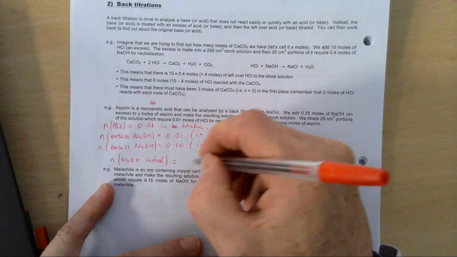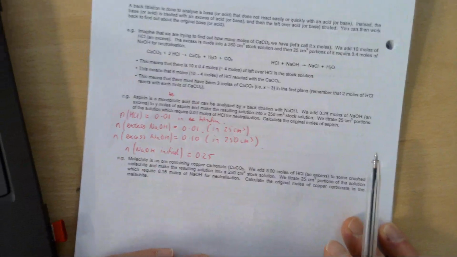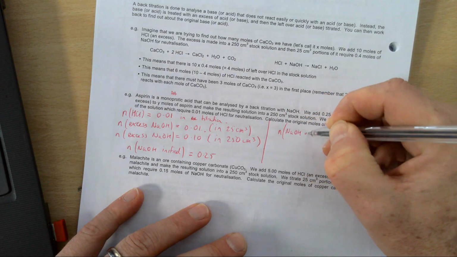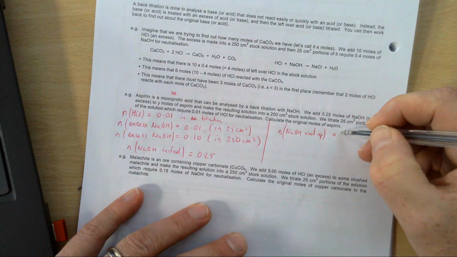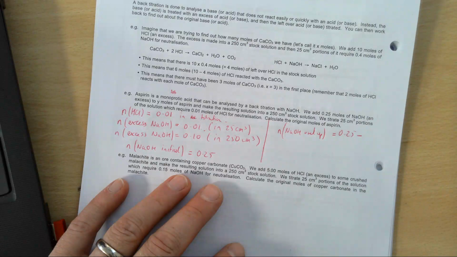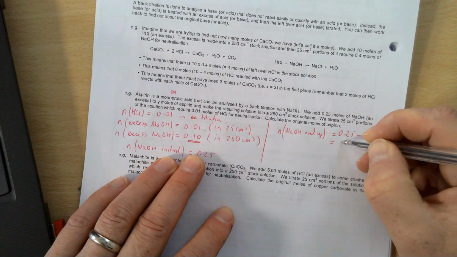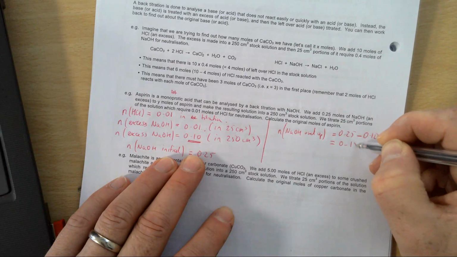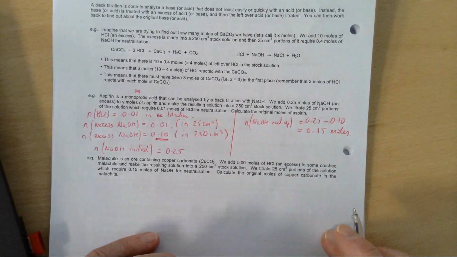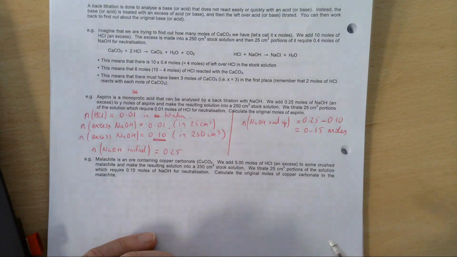We started with the number of moles of NaOH initially being 0.25. And so to work out how many moles of the NaOH we used up, we do 0.25, which is what we started with, take away the amount that there was in excess, 0.10, that leaves us with 0.15 moles of sodium hydroxide that we used up in the chemical reaction between the sodium hydroxide and aspirin.